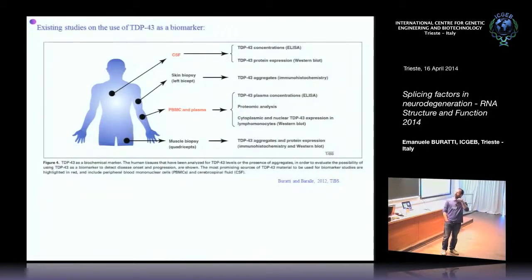Well, what most people have done up to now, because the brain is not very much accessible, is actually to see whether in patients, if you look at cerebrospinal fluid or even in the peripheral blood lymphocytes, the concentration of Tdp-43 is higher in the patients as opposed to the controls.